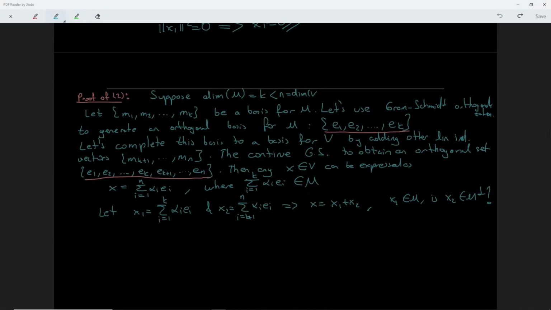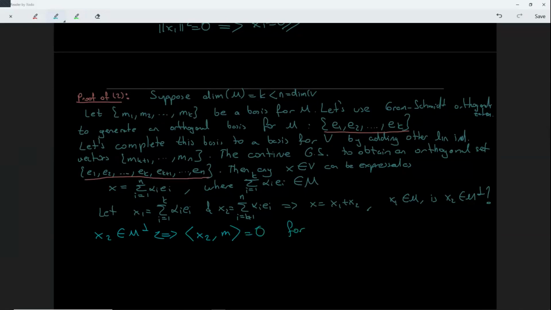And if x2 is in M perpendicular, then I should have the inner product of x2 and any vector m in our subspace M equal to 0, for all m in M. That was the definition of the orthogonal complement of a subspace: you compute the inner product of the original vectors and that should be equal to 0.